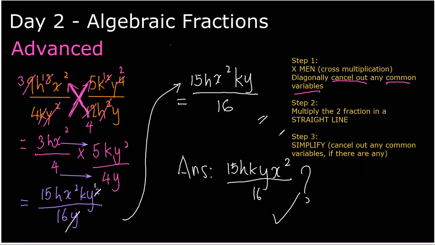Like you have h to the power 1, k is 1, y is to the power 1, and x squared, but not other powers. As long as your powers are all correct and your coefficients are correct, 15 is 15 and your denominator is 16, then definitely your teacher will mark you correct.